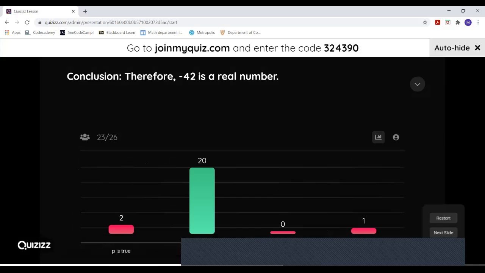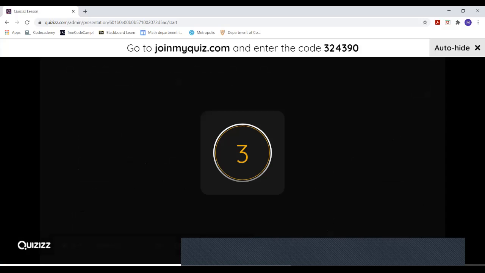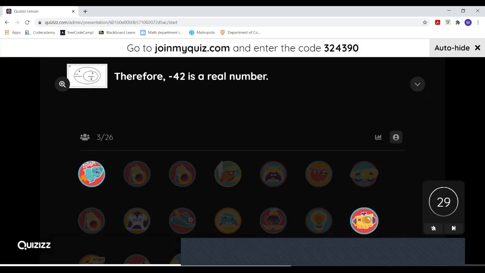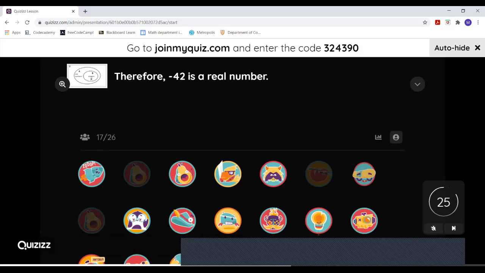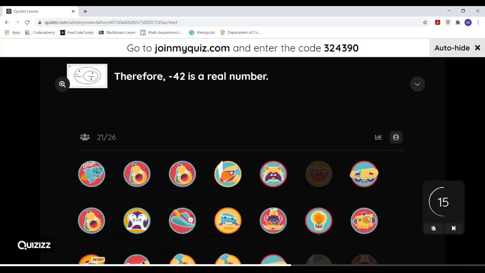So I believe we had the picture. We have our Venn diagram. We have our conclusion. Is it a valid conclusion to draw is the next question. I hope this looks familiar. Can we conclude that X, which represents the number 42, has to be a real number based on that Venn diagram?